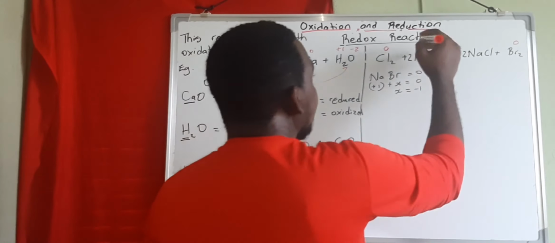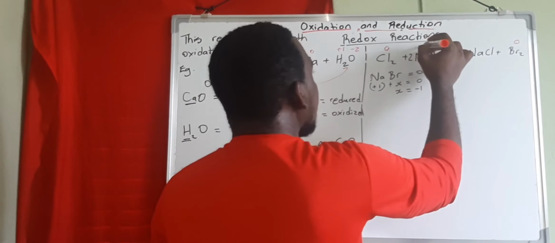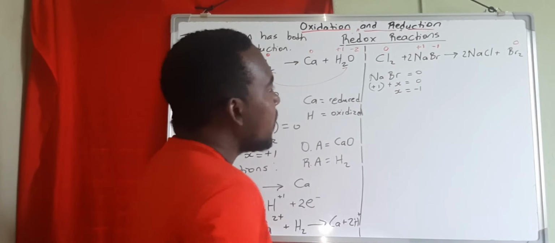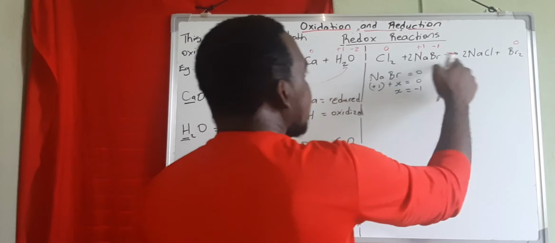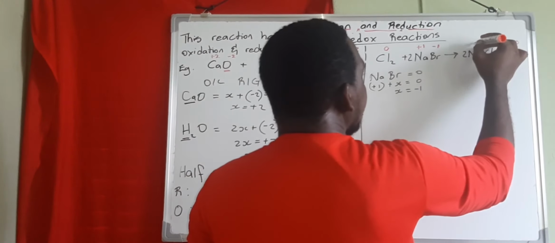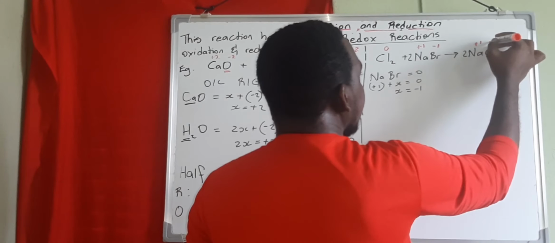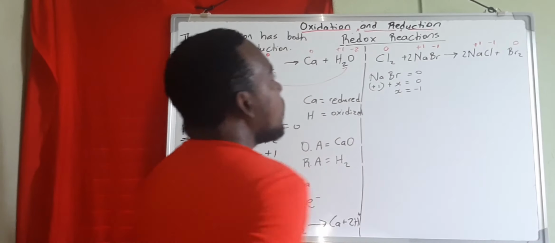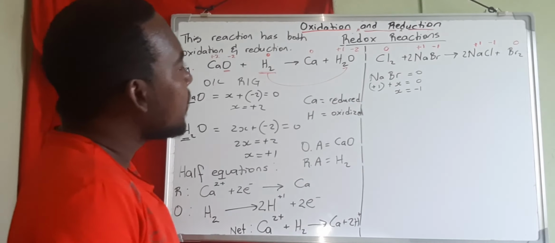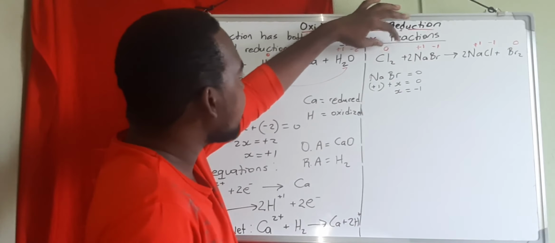So sodium is +1, bromine is -1. And then sodium in the compound is still +1, and chlorine here is -1.